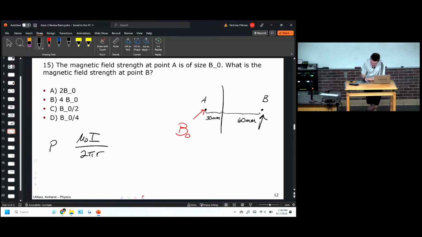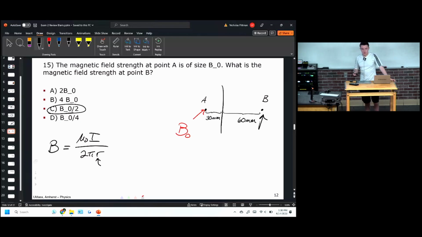This gives you the magnetic field a certain distance from a wire. It also works for fat wires. If I make r twice as big, B decreases by a factor of 2. If, instead of plugging in 30 millimeters here, I plug in 60 millimeters, B has gone down by a factor of 2. So it's going to be the original magnetic field divided by 2.